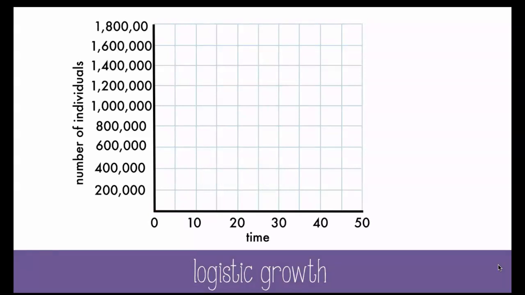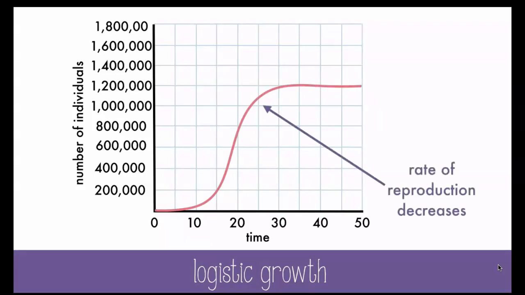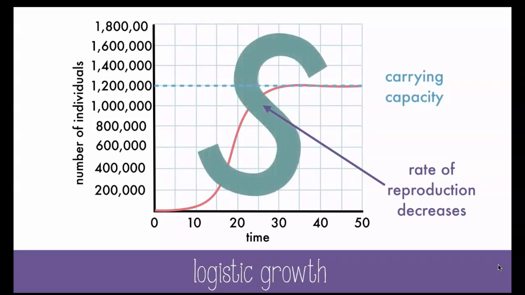As the size of a population increases, the rate of reproduction will actually decrease. When the population reaches carrying capacity, the population growth ceases and you see a flattened line. Carrying capacity is determined by limiting factors like space, food availability, and predators. This logistic growth curve looks like an S that's been stretched out, so this is sometimes called an S-curve.